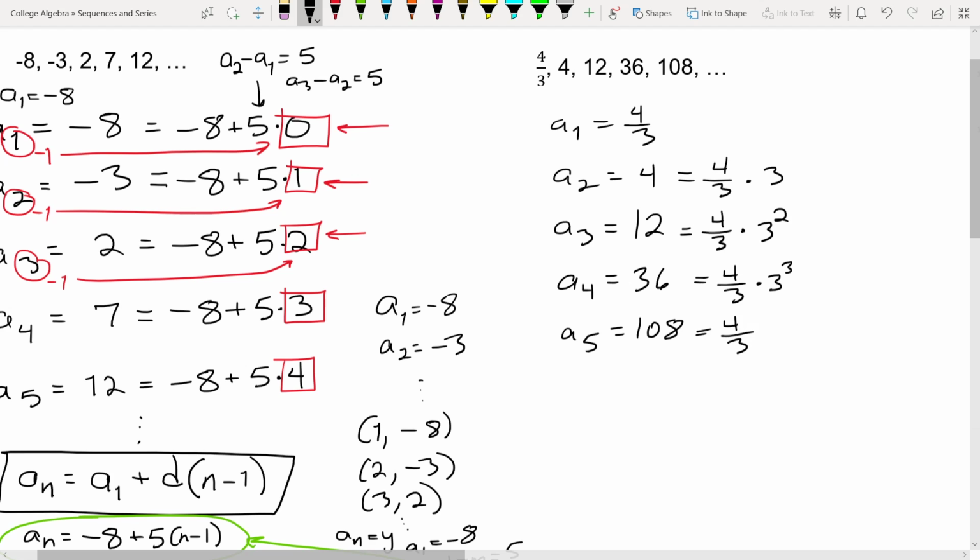And 108 is 4/3 times 3 to the 4th. So now we can go backwards and fill in the rest of it. A2 is 4, which is 4/3 times 3 to the 1. And of course, A1 is 4/3 times 3 to the 0.